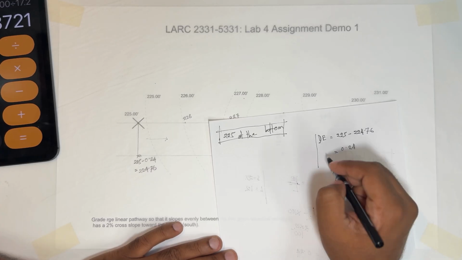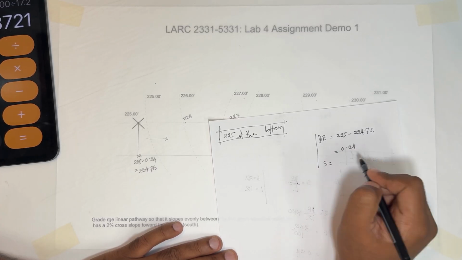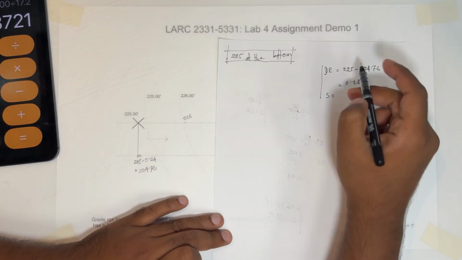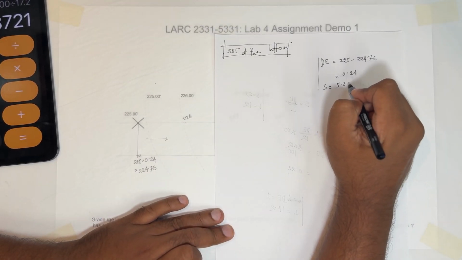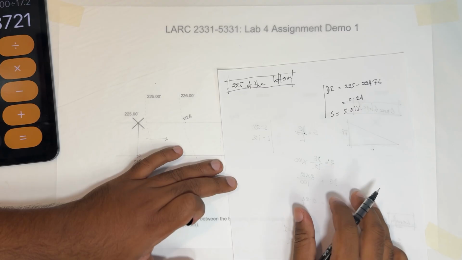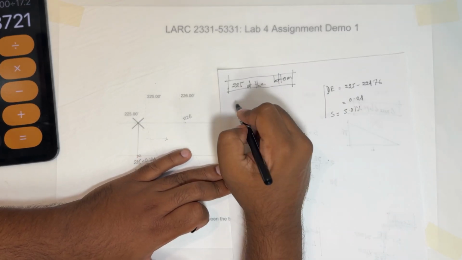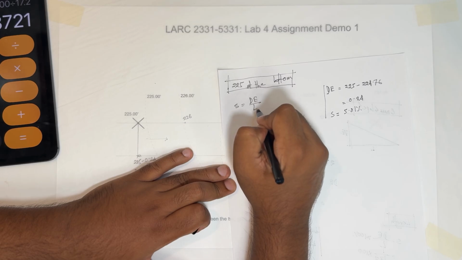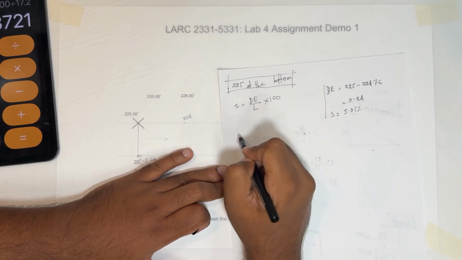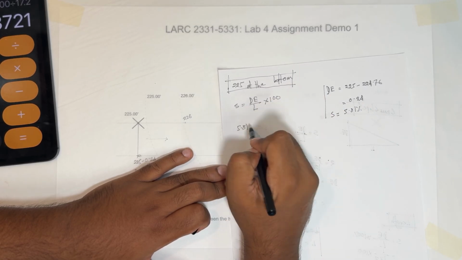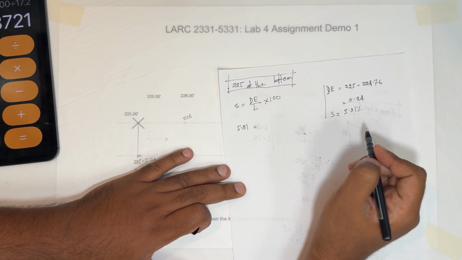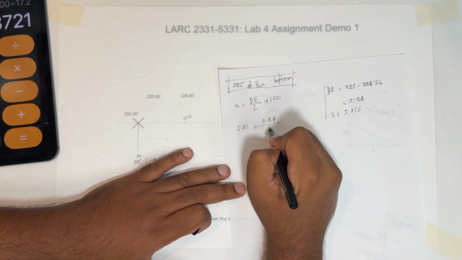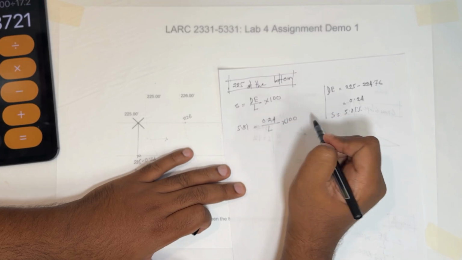We don't know the L, but we know the S is going to be this 5.81%. So let's calculate the L. We know S equals dE by L into 100. So 5.81 equals 0.24 divided by L into 100.